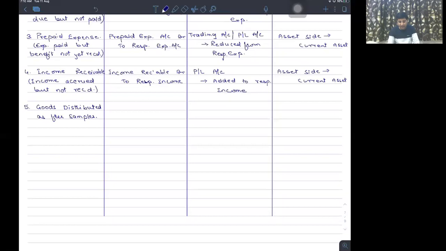Now, why a business will generally be distributing the goods as free sample? In fact, the previous wala हमने किया ना income receivable, that is quite similarly applicable to the NPO topic for subscriptions. If you remember, there you had subscriptions received in advance, subscription outstanding, subscription receivable at the end, subscription pre-received at the end.